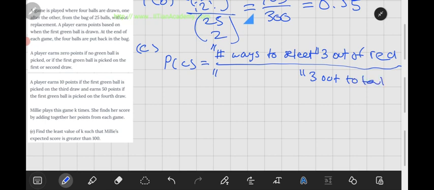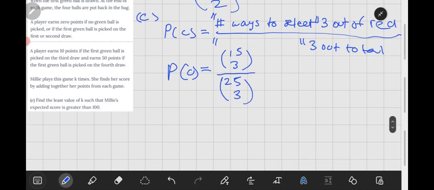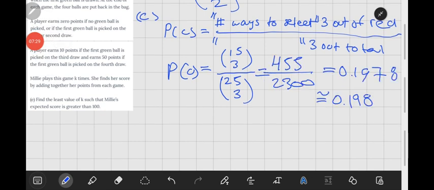Okay? So then we get the first combination divided by the second combination, and that's what gives us our probability, where we have 25 total balls and 15 red balls. Okay, so after computing that, we get 455 over 2300, which is equal to 0.1978, and I've rounded it to be approximately 0.198.